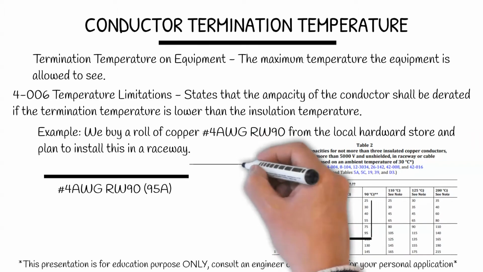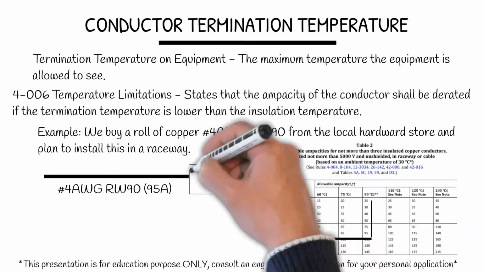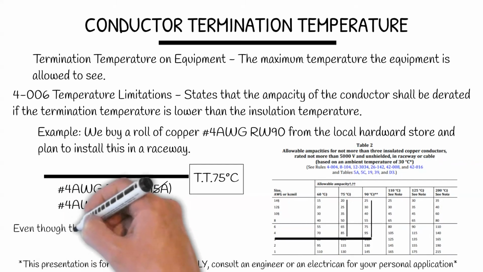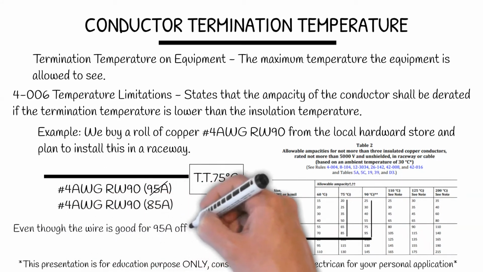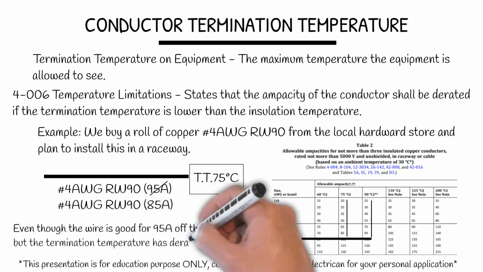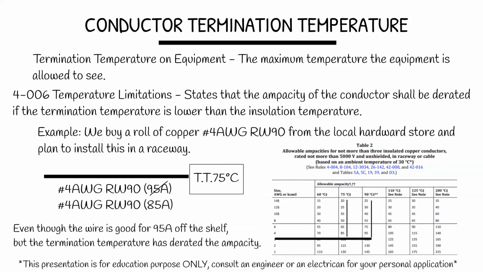But when we install this at an equipment rated for a termination temperature of 75 degrees, the ampacity has to be derated. It's no longer good for 95. The number 4 now is good for 85 amps. Even though the wire is good for 95 amps off the shelf, the termination temperature has derated the ampacity.